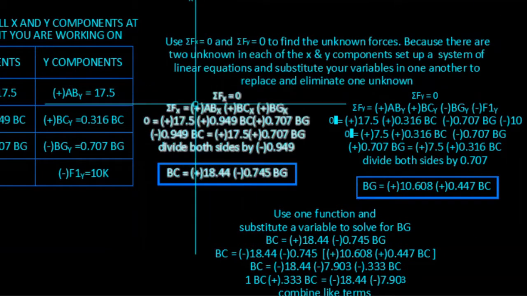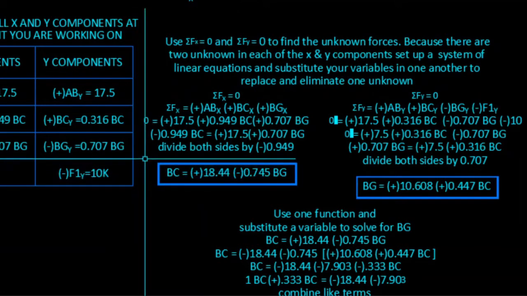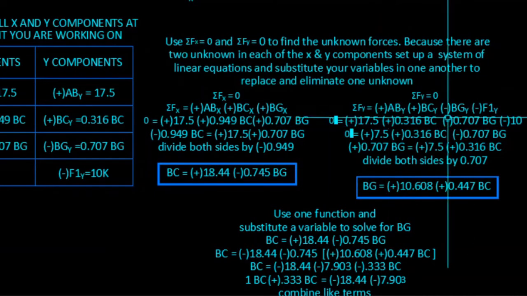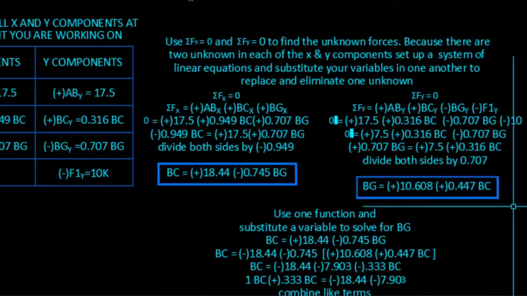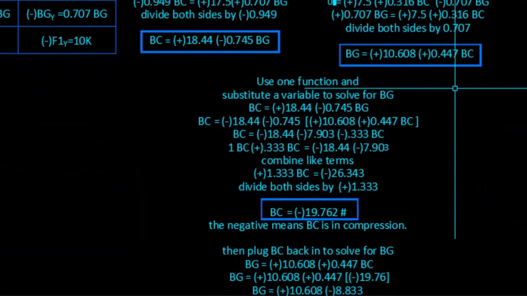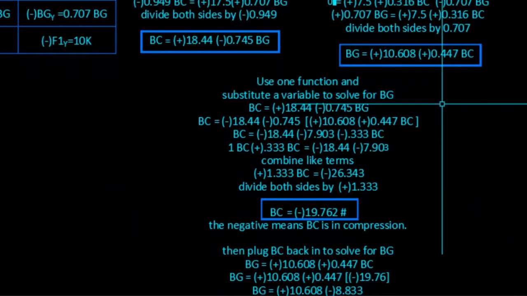Beginning with the sum of forces in the x direction, we find that BC is equal to positive 18.44 minus 0.745 BG. By using the sum of forces in the y direction, we find that BG is equal to plus 0.447 BC. We will use one of the functions and substitute a variable to solve for BG.